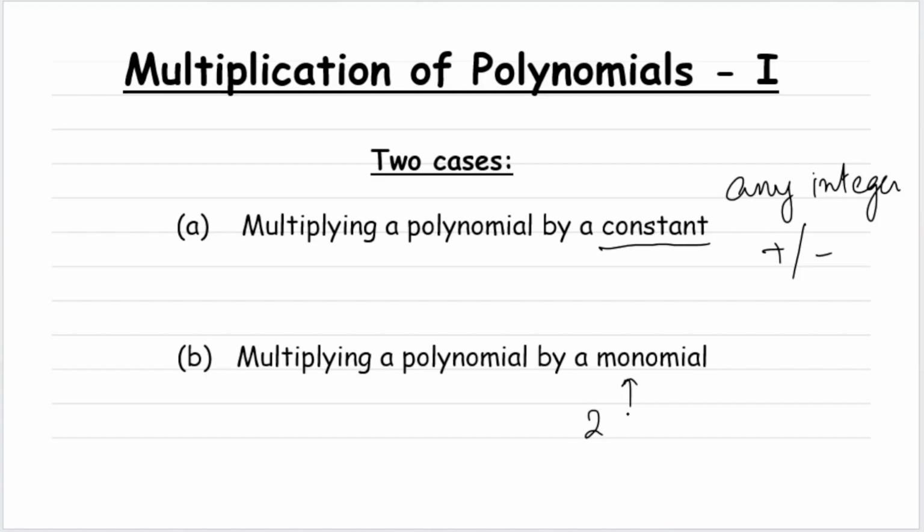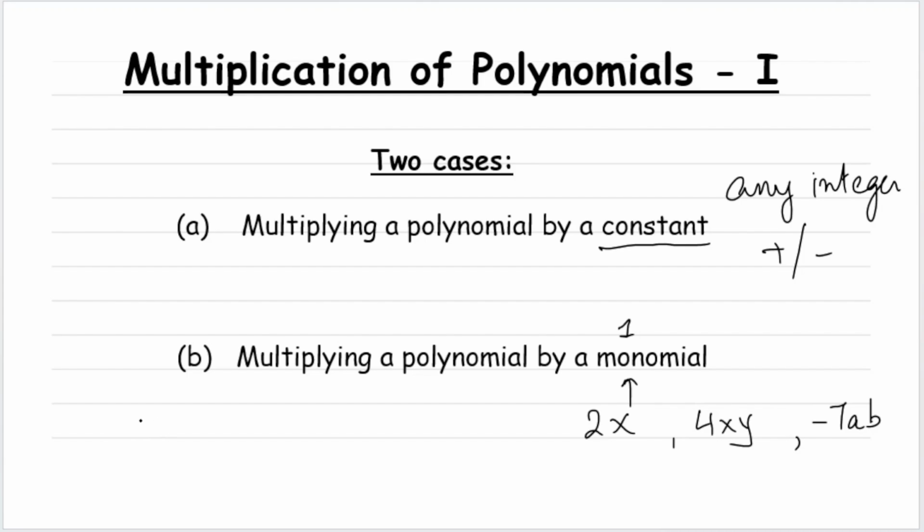For example, 2x. This is a monomial. 4xy. This is also a monomial. Negative 7ab. This is also a monomial because they are single terms. They are only one term. Mono means one. So a polynomial with one term is called a monomial.